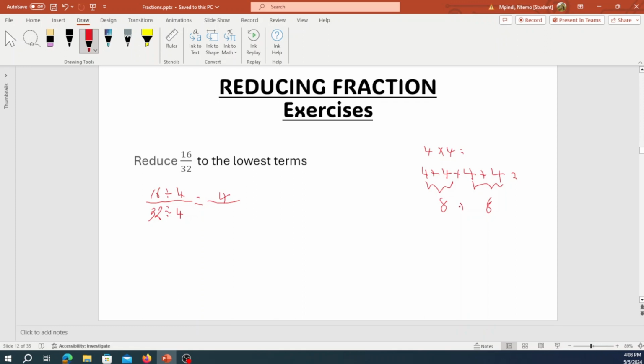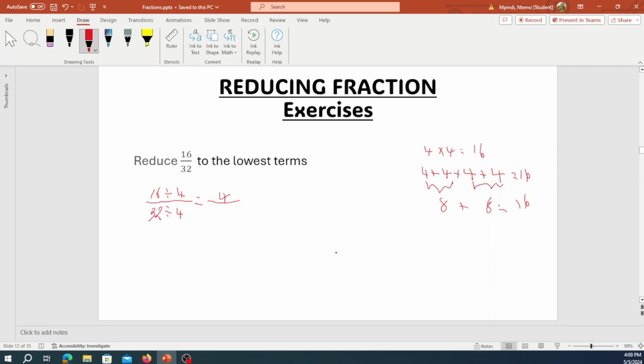When you add them, you're gonna get 16. So here the answer is 16. Because 4 plus 4 equal 8, 8 plus 4 equal 12, 12 plus 4 equal 16. Okay? That's how you get it.